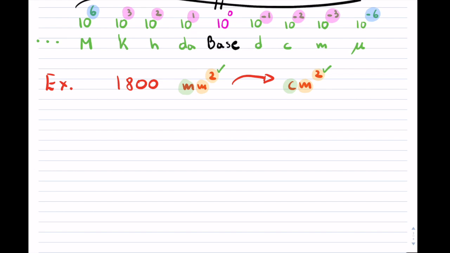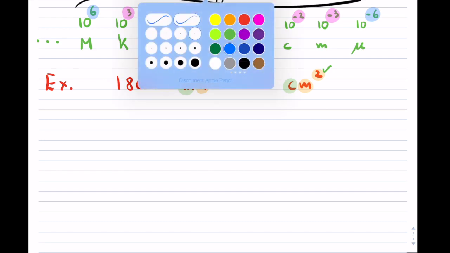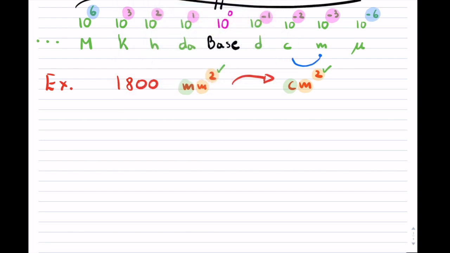So for instance, we are going from milli to centi, in this direction. So it is just 1 power of 10, from -3 to -2. So you might be tempted to just simply move the decimal 1 spot. However, because it is squared, each jump is actually 2 spots. So my answer would be 18 centimeters squared.